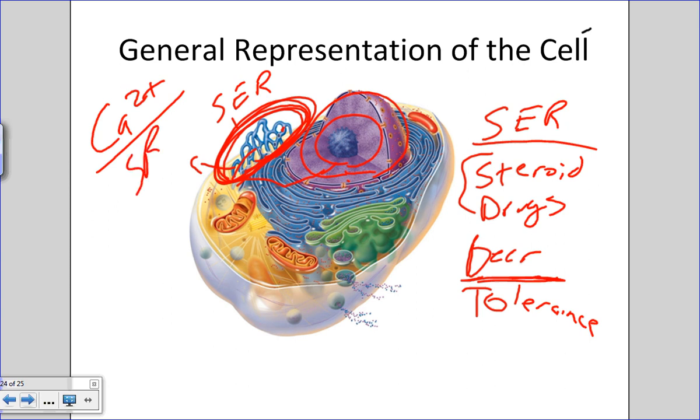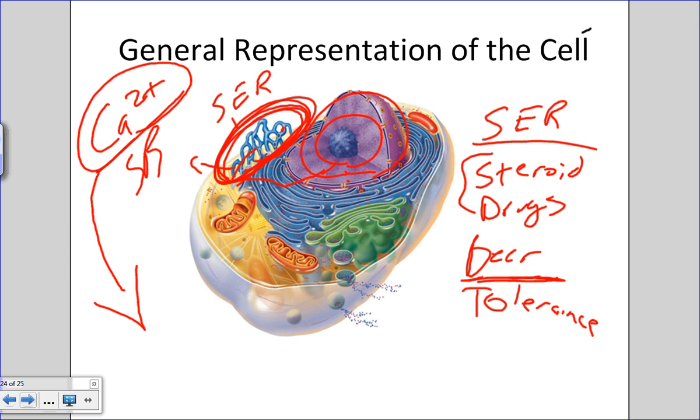So we store this calcium within muscle, and then when we need the muscle to contract, the calcium is released, and then we carry out the right physiologic mechanisms to undergo a muscle contraction. Like I said, the function of smooth ER depends on what cell you find it in, and these are just a couple of examples.